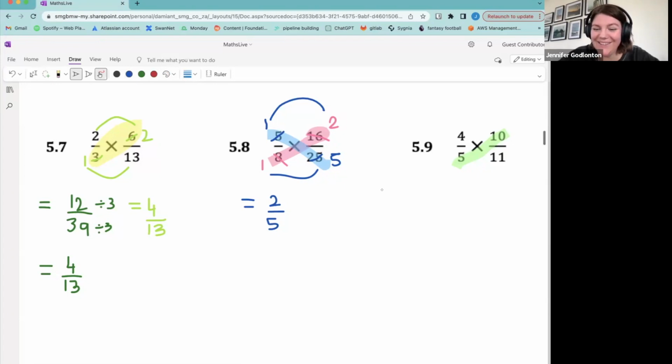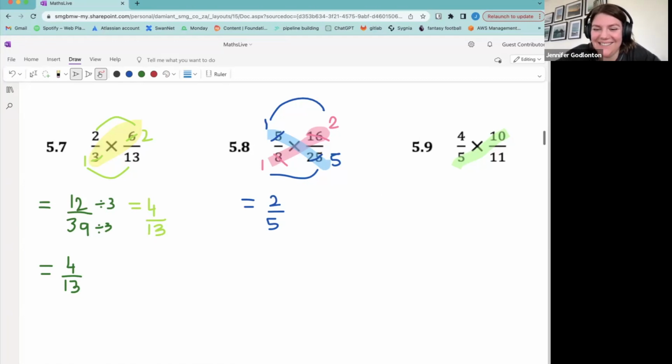Look at you go. Okay, so if we have an answer of 40 over 55, is that the most simplified it can be? Can I simplify it further? Is there a number that can go into both 40 and into 55? Yeah, there we go. Nice.